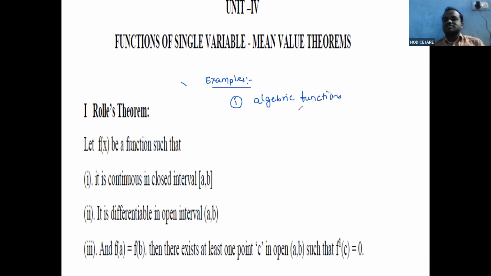Algebraic functions, that is x square, x cube minus x square, or x square plus 1, x cube minus 1. ఇది ప్లస్ ఉండొచ్చు, మైనస్ కూడా ఉండొచ్చు. ఇలాంటి ఎక్స్ప్రెషన్స్ ఇవన్నీ కూడా ఈ ఫంక్షన్స్ అన్నిటిని కూడా మనం కంటిన్యూస్ ఫంక్షన్స్ అని డైరెక్ట్ గా చెప్పొచ్చు. ఒకవేళ మనకి ఇచ్చిన పాయింట్స్ కూడా ఒక చెక్ చేసుకుంటాం సార్ అంటే చెక్ చేసుకోని కూడా చెప్పొచ్చు.